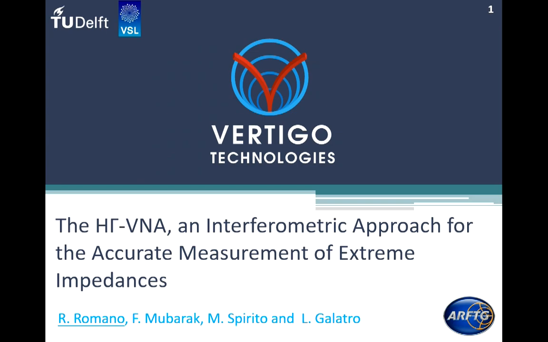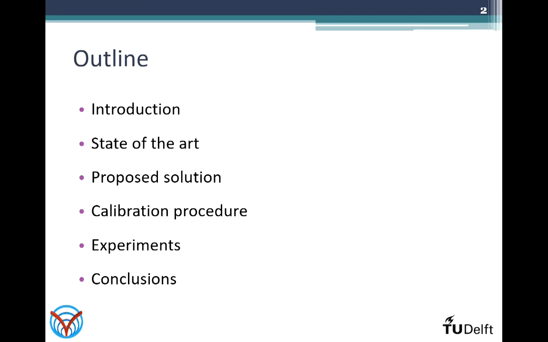In this presentation, I will present a procedure to improve the accuracy in the measurement of extreme impedances using an active interferometer. During the presentation, I will first introduce the challenges we face while characterizing extreme impedances.